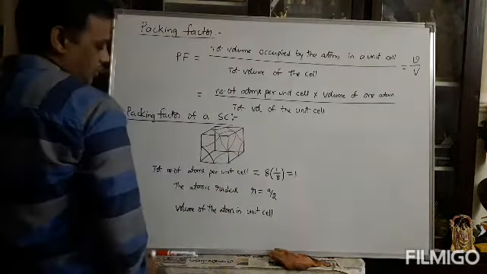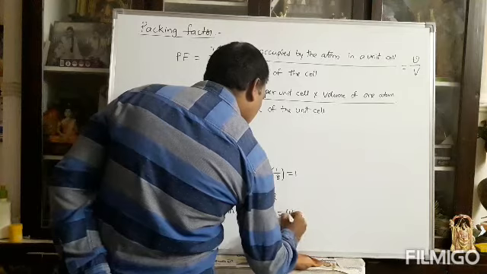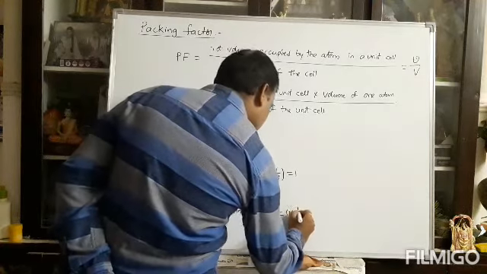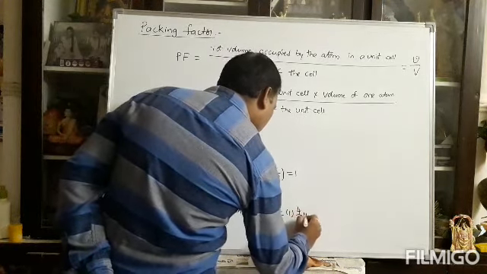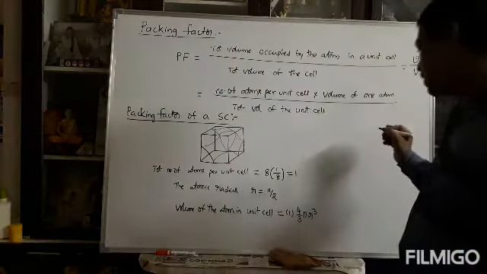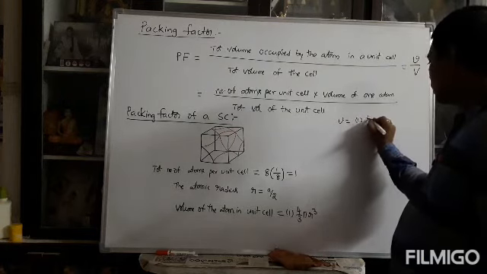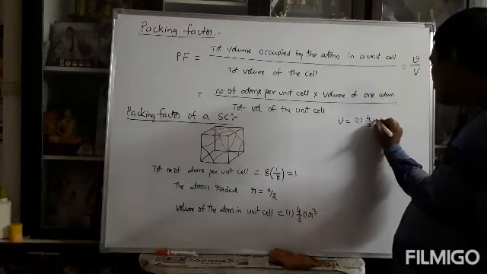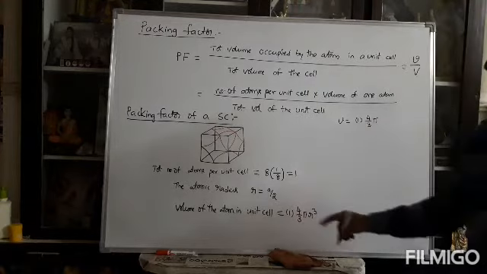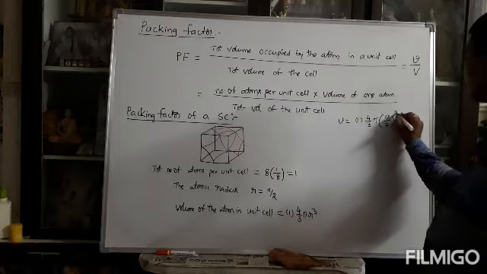With respect to the number of atoms, here one atom is there. The volume of the atom is 4/3 pi r cube. So small v is equal to 1 into 4/3 pi into, in place of r I am writing a by 2, whole cube.